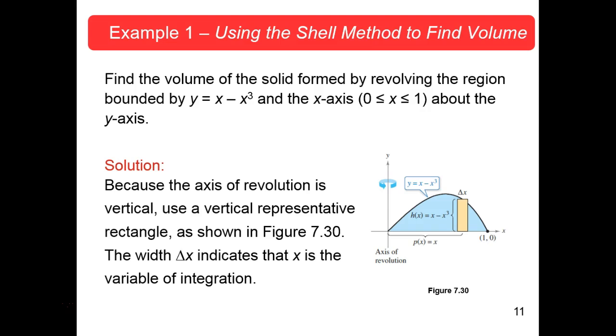Let's see. Is that the function y is equal to x minus x cubed? I know 0, 0 is on there, and 1, 0 has to be on there. Put in a 1 here minus 1, that gives you 0. But in between, say 1/2, that would be 1/2 minus 1/8, which would be 3/8.